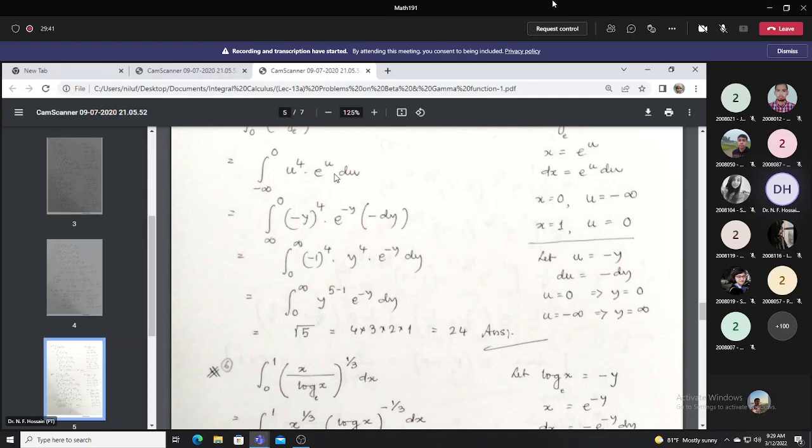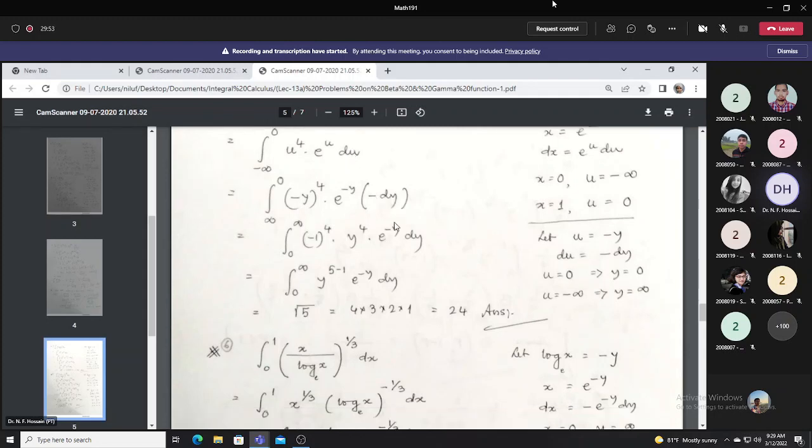So let us use this substitution, u equal to minus y. So du should be minus dy. So here e to the power minus y for du, minus dy. Now adjust the limits. When u equal to 0, y should be 0. When u equal to minus infinity, y should be infinity. So the relation now becomes infinity to 0.